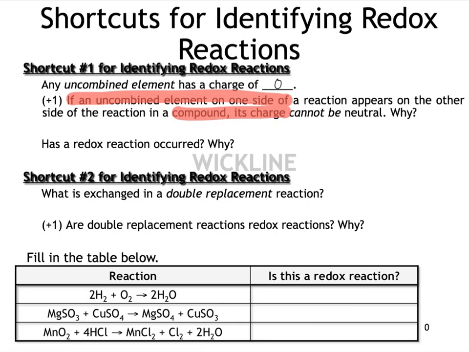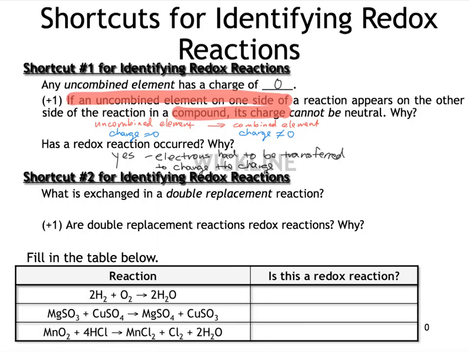The reason is this. The uncombined element definitely has a charge of 0, and the combined elements definitely have a charge that's not 0. Therefore, redox has to have occurred. So we'll say yes. Electrons had to be transferred to change the charge.